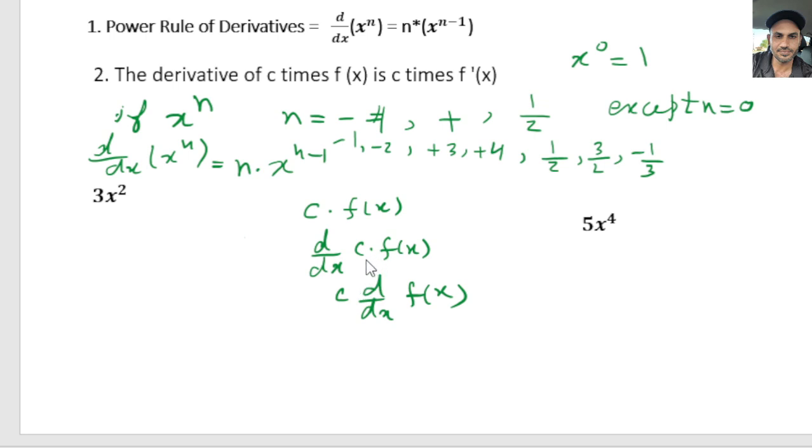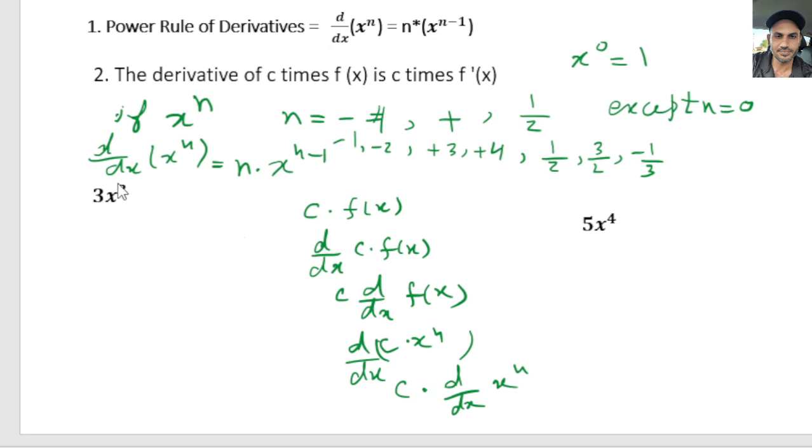Whenever there's a coefficient with your variable term, you can take it out of the derivative and then take the derivative of the variable or the function. So if we have c times x to the n, then we can take the c out, and take just the derivative of x to the n. We can take the coefficient that is multiplying with our variable out of the derivative and take the derivative of the rest.